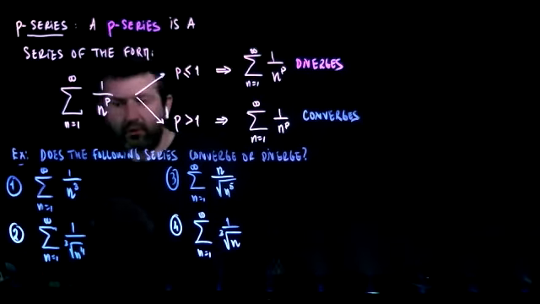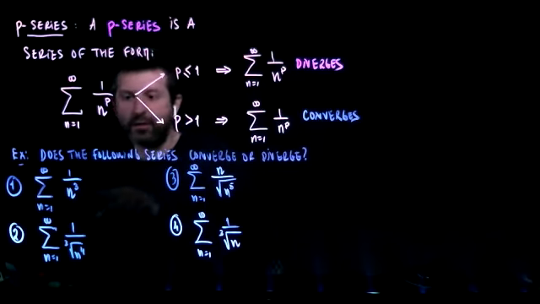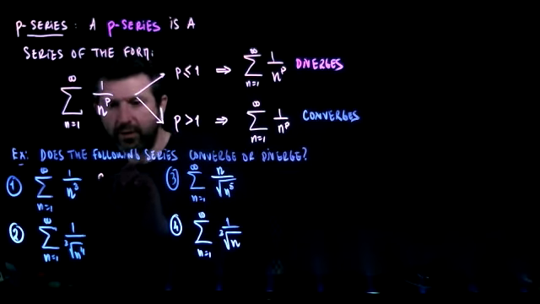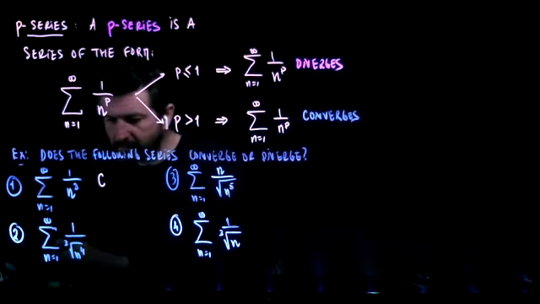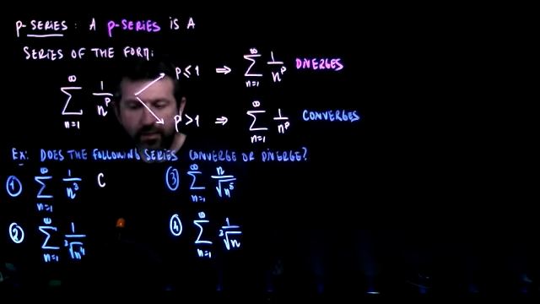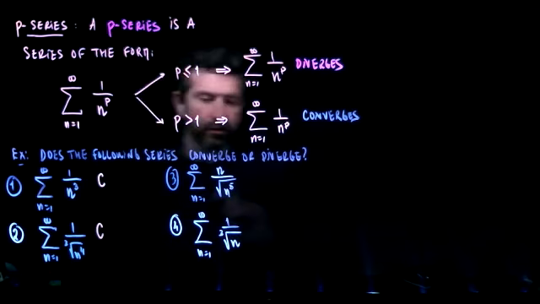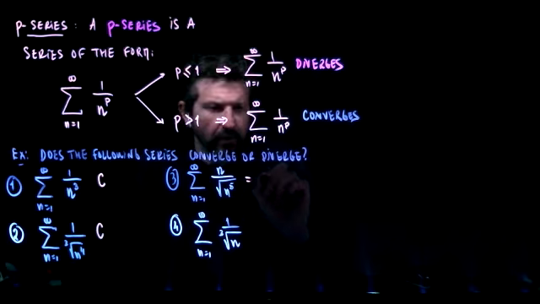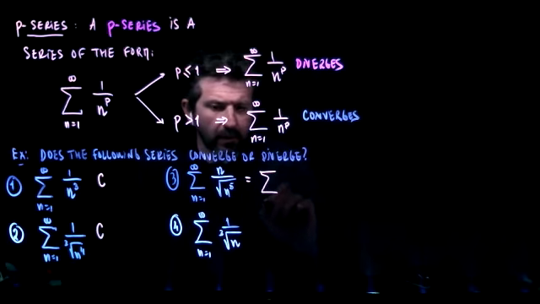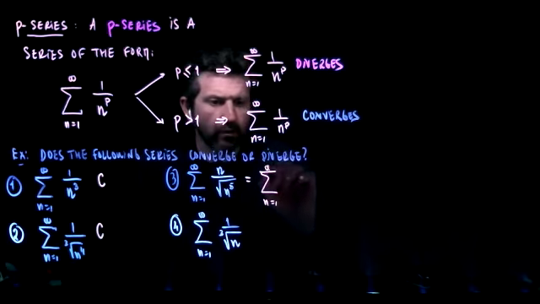The first one converges because, of course, p is greater than 1. Second one, converge or diverge? Converges, because p is 4/3, which is bigger than 1. This one here, we have to do a bit of work. Sum n equals 1 to infinity.